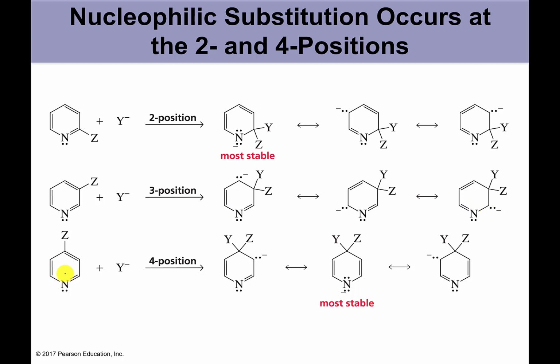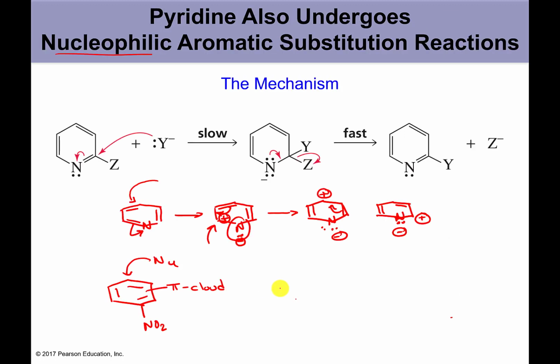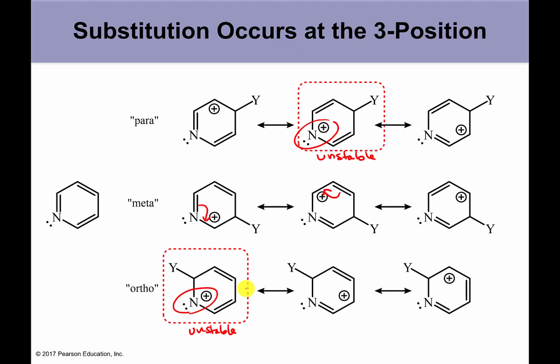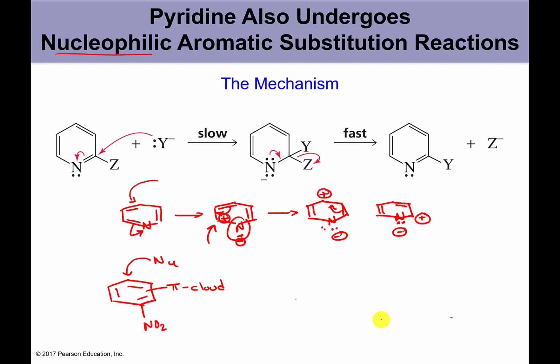The same thing that you get in the 2 position, you get in the 4 position. You're able to put the negative charge on the nitrogen, which makes it a little bit more stable. When you compare it to these structures, you recognize that in this structure, the nitrogen doesn't actually have an octet, and putting the positive charge and depleting its octet is very unstable.